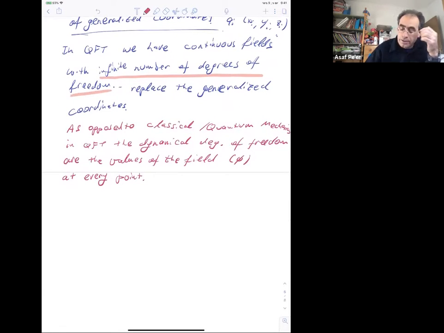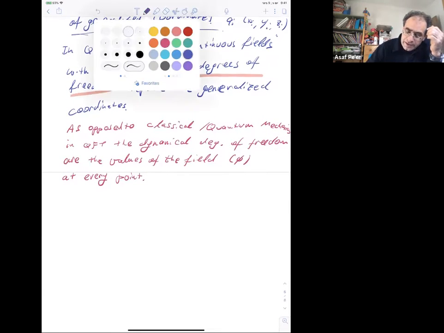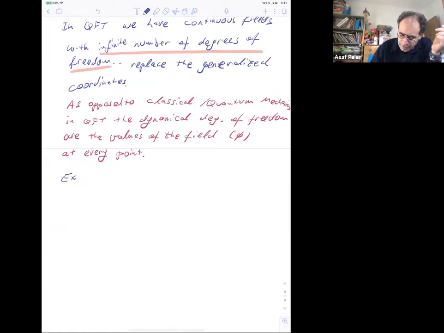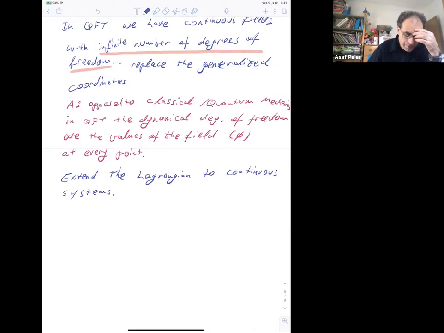So since we want to incorporate this idea inside the Lagrangian formalism, we need to extend the Lagrangian to continuous systems. And the way we do it is to introduce what's called the Lagrangian density.